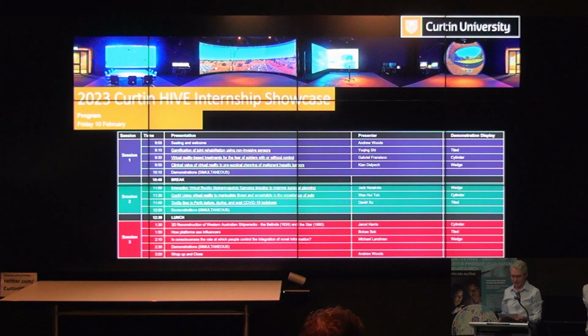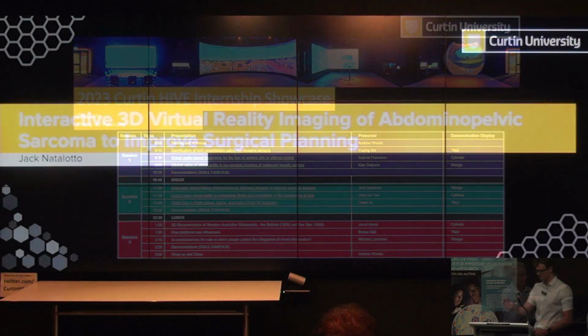The project is receiving funding from the Harry Perkins Institute of Medical Research, Heart and Vascular Research Institute, so we very much appreciate our external support for that particular project, both for the scholarship and also supervisory as well. I will now hand over to Jack.